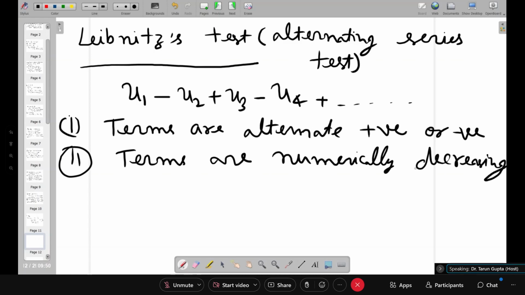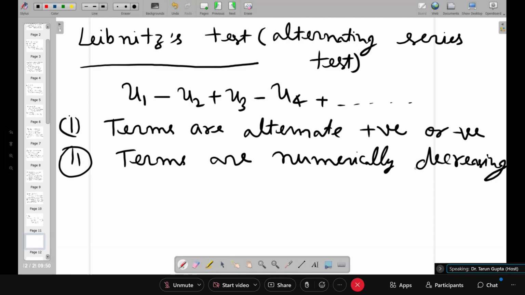In the previous classes, I have given the definition of alternating series. What is an alternating series? Summation minus 1 to the power n un, where un is greater than 0. Then that series is called the alternating series.